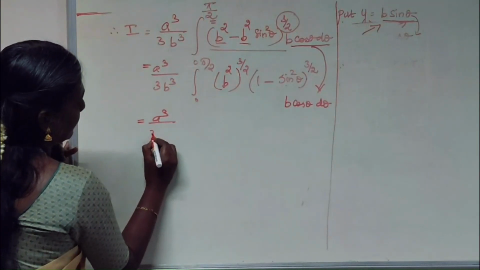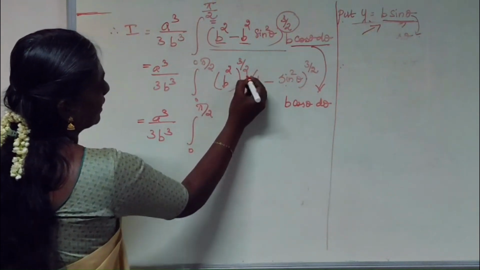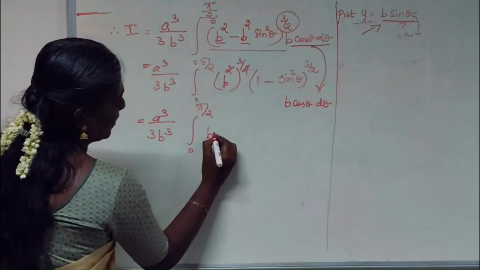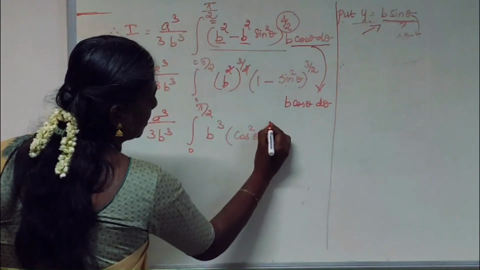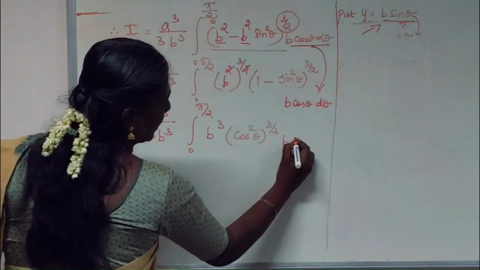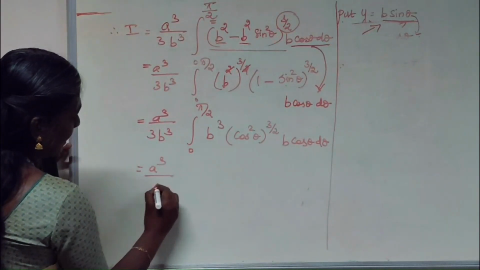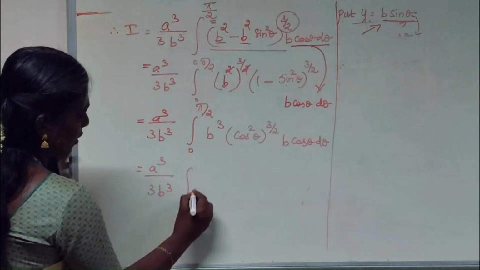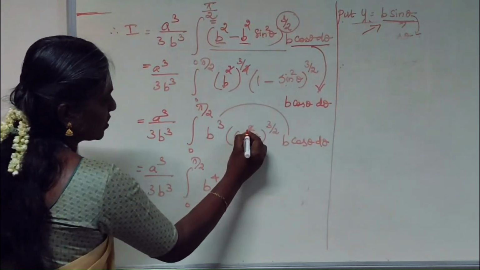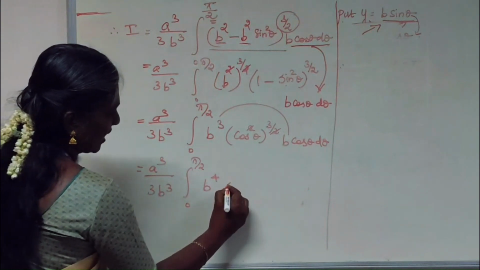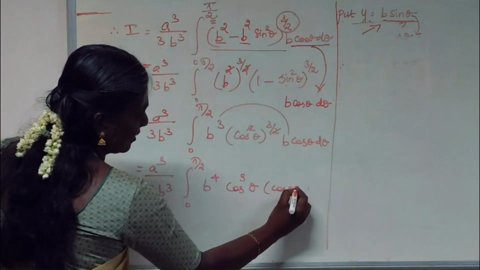So a cube by 3b cube, integral over 0 to pi by 2. Here the 1 and 2 get cancelled, so simply we have b cube, and 1 minus sine squared theta is cos squared theta, the whole power 3 by 2, and b cos theta d theta.